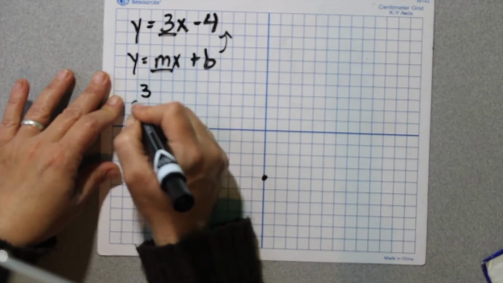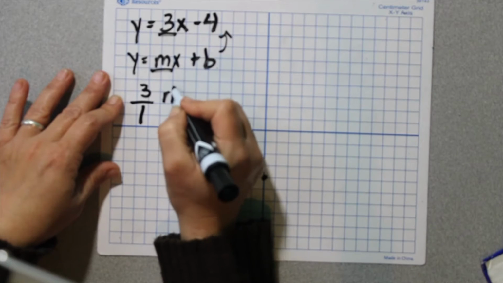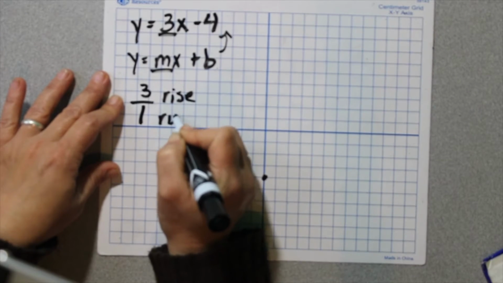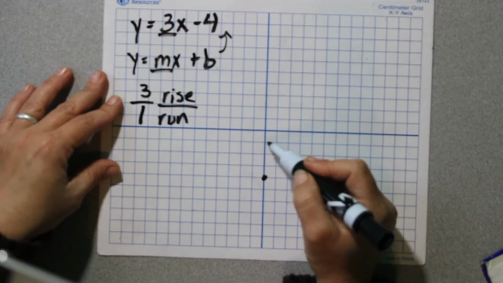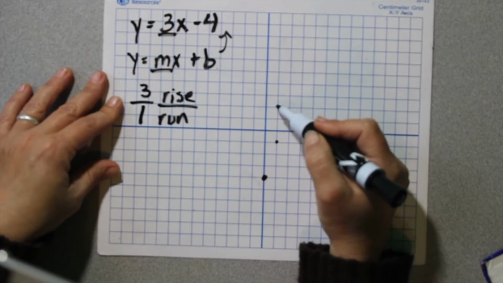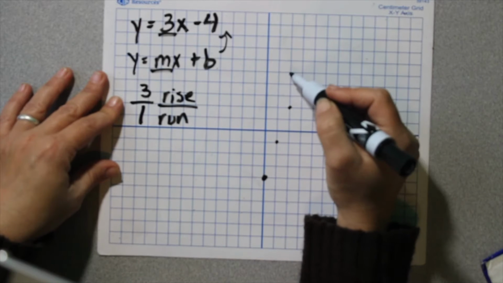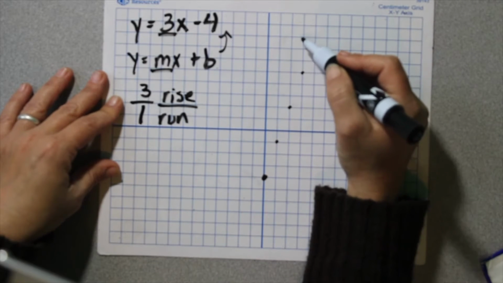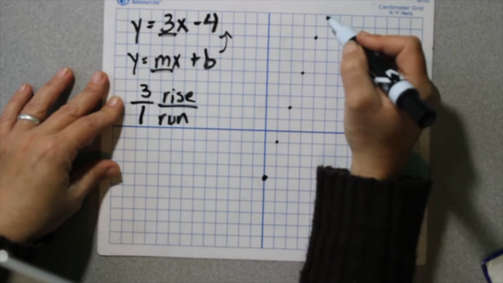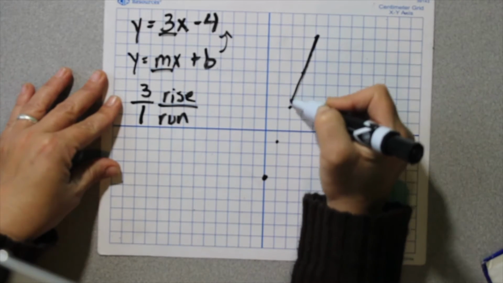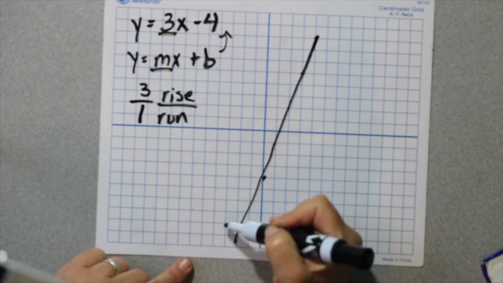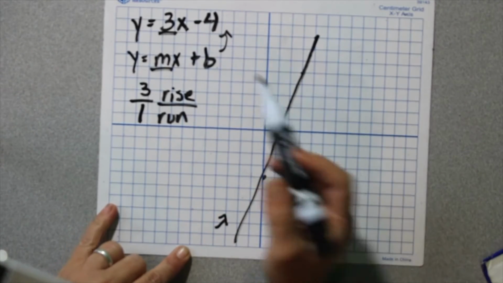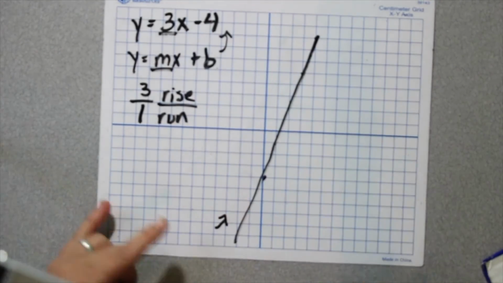And that's really 3 over 1. And remember, rise over run. Our rise is 3, so we're going to go up 3. And our run is 1 over 1. Up 3 over 1. Up 3 over 1. Up 3 over 1. And that's as far as we can go. And then we draw our line. And you see how this is a positive slope. We're going uphill because this 3 is positive.